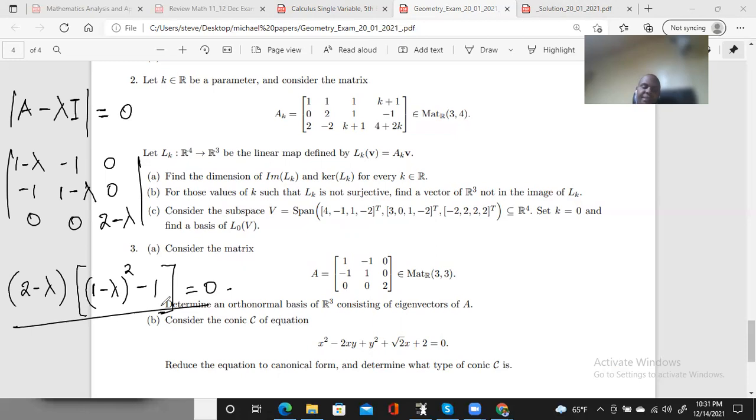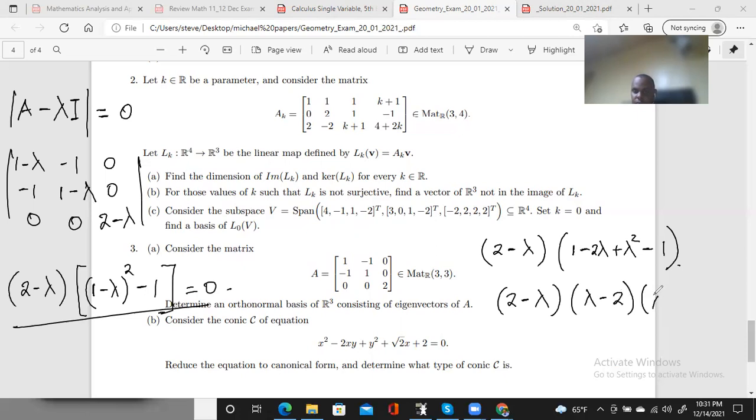So it will be 1 minus lambda, 2 minus lambda, plus minus 1 times minus 2, minus lambda.